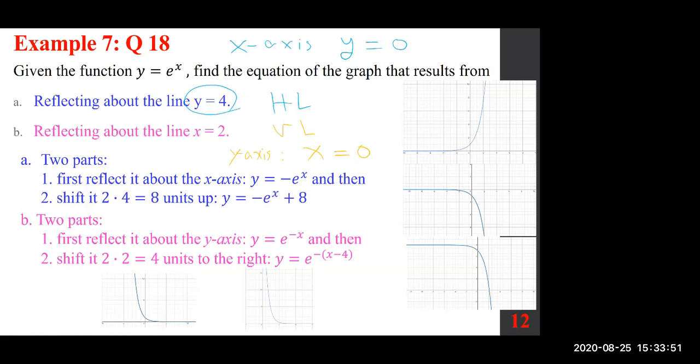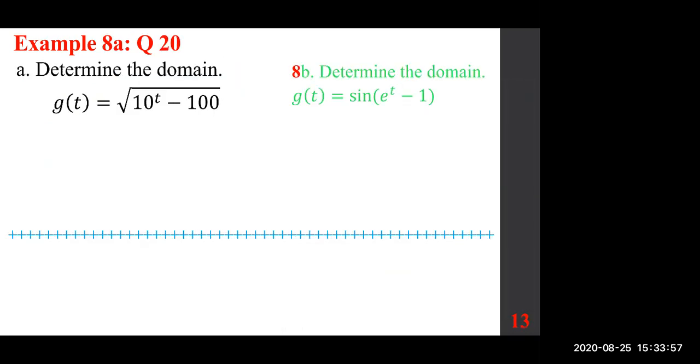We are going to look at more examples involving algebra. So for example, in part A, we are interested in finding the domain. And just to refresh your memory, when you're looking at y equals square root of x, the domain is x larger than or equal to 0, or basically from 0 to infinity.